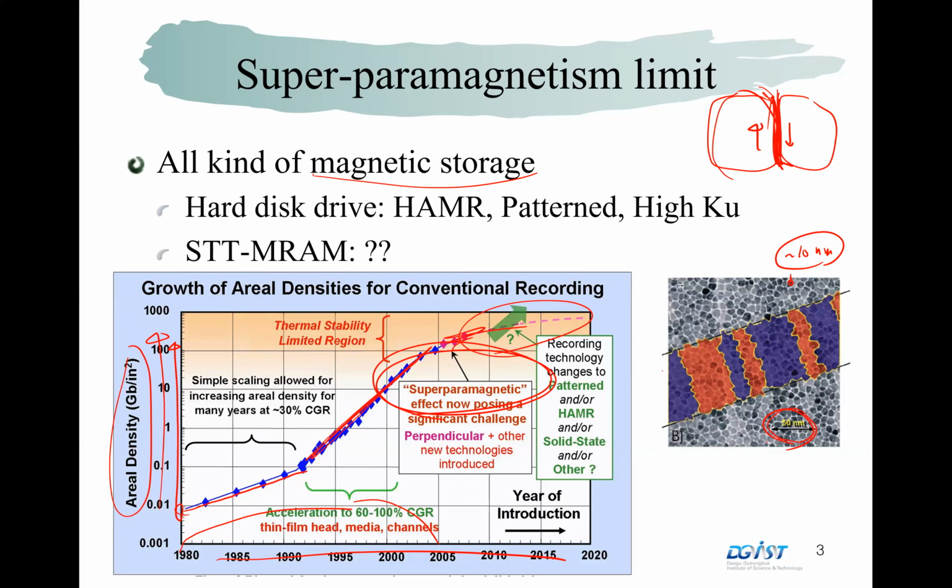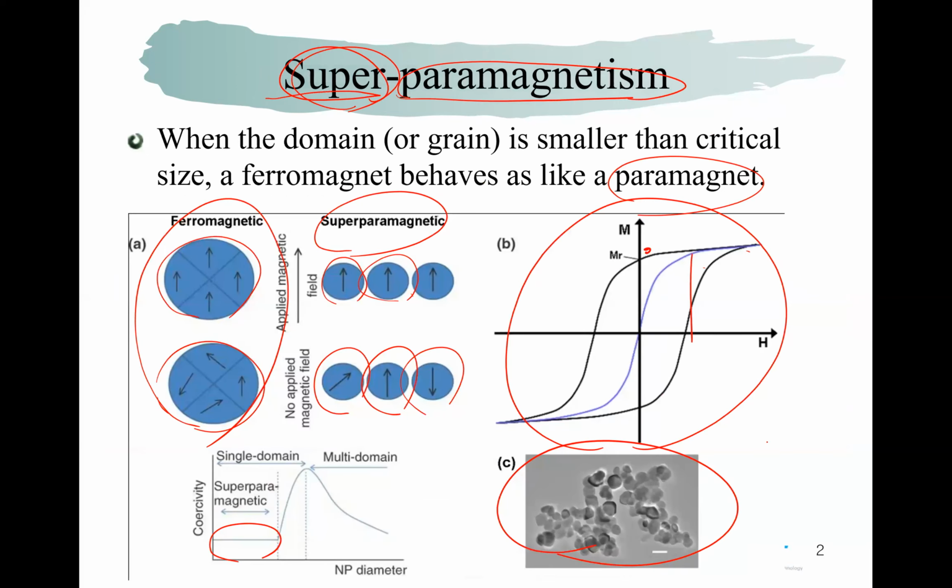But if the grain size gets smaller and smaller, then as you see here, we will encounter the superparamagnetic limit. The superparamagnetic limit means the magnetic direction is very easily switched by thermal energy. So this is a limitation of nature for magnetic materials.